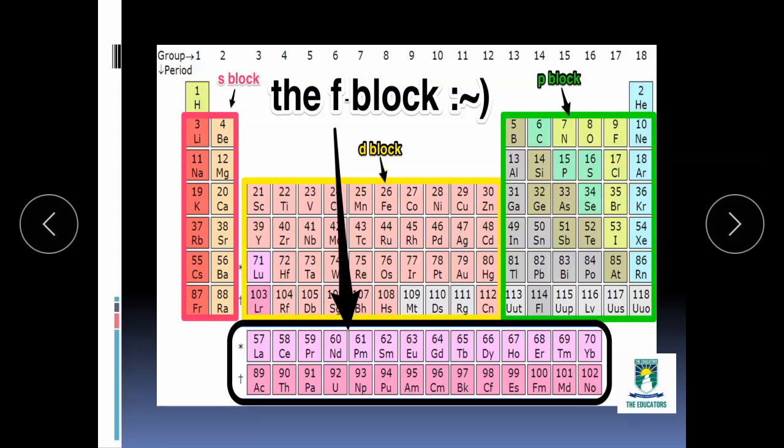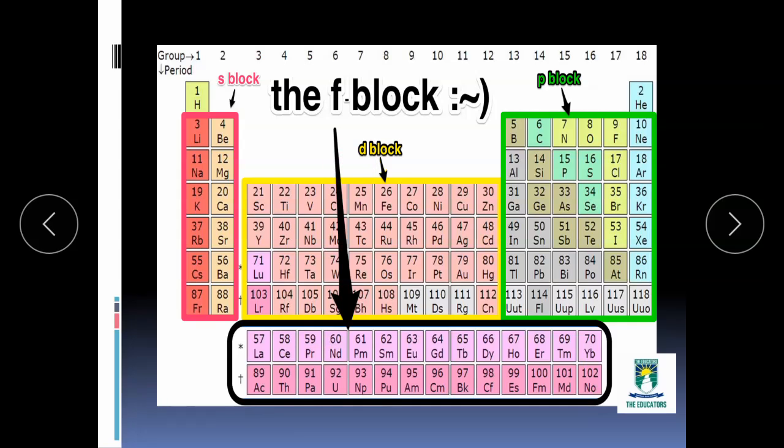On the other hand, if an element belongs to the P block, its electronic configuration ends with the P subshell, so the outermost electron will enter the P subshell. The same is the case with D and F block elements. Their electronic configuration ends with the D subshell and F subshell respectively. It means that their outermost electron will enter the D subshell and F subshell respectively.